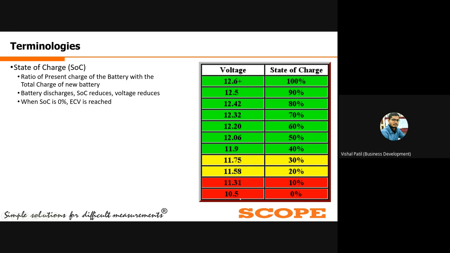If the battery voltage goes below this 10.5 volt, that voltage is the electrical critical voltage that we discussed in the previous slide. For this electrical critical voltage, the state of charge is 0%. So whenever the SOC is 0%, the ECV is reached. It is not recommended to use that particular cell below its ECV, or when SOC is 0.